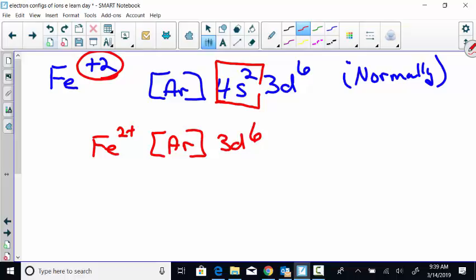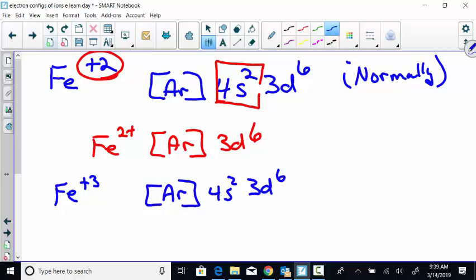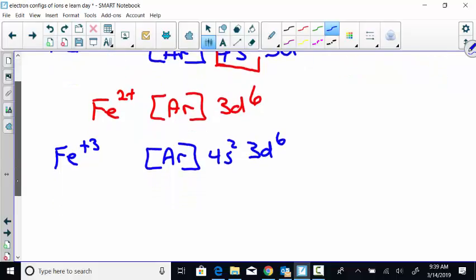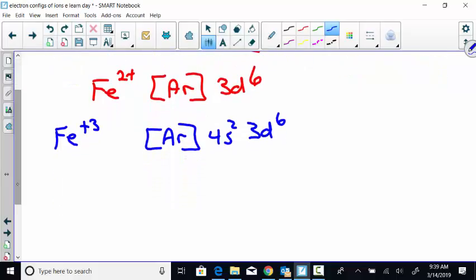But the one thing that you'll notice in the periodic table is iron actually also likes to form a +3 charge. So how would it do that? If normal iron is Ar 4s2, 3d6, it needs to get rid of 3 electrons. If it gets rid of those 2 and gets rid of one of those, that's 3 electrons.